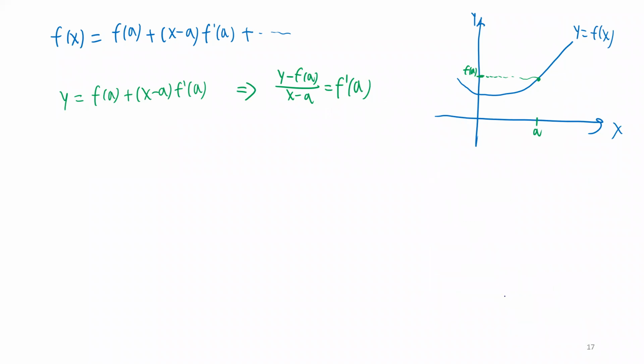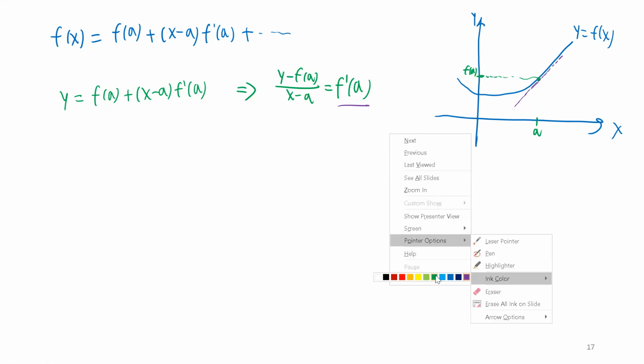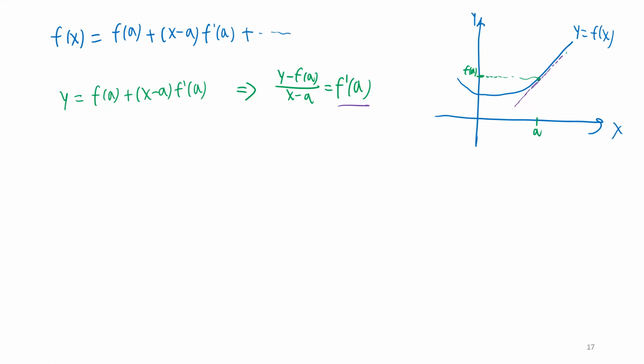So the slope of this purple line is exactly f prime a. Therefore, this represents the line that is tangential to the function at x equals a.